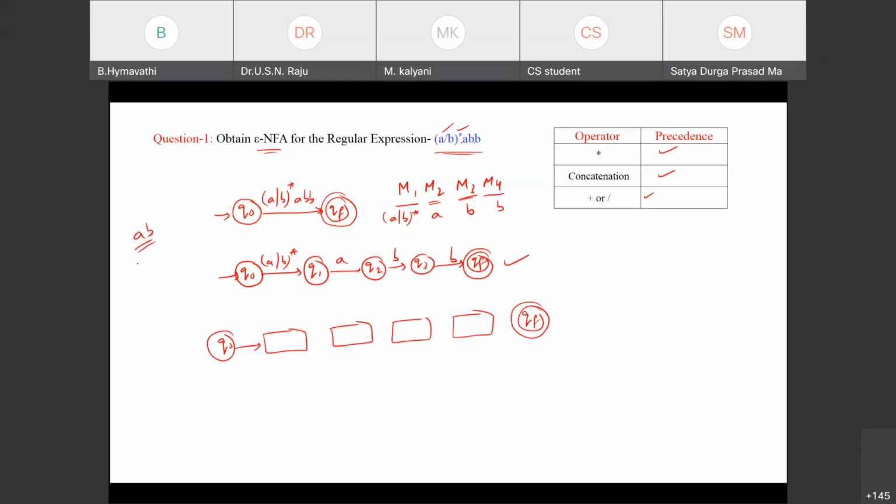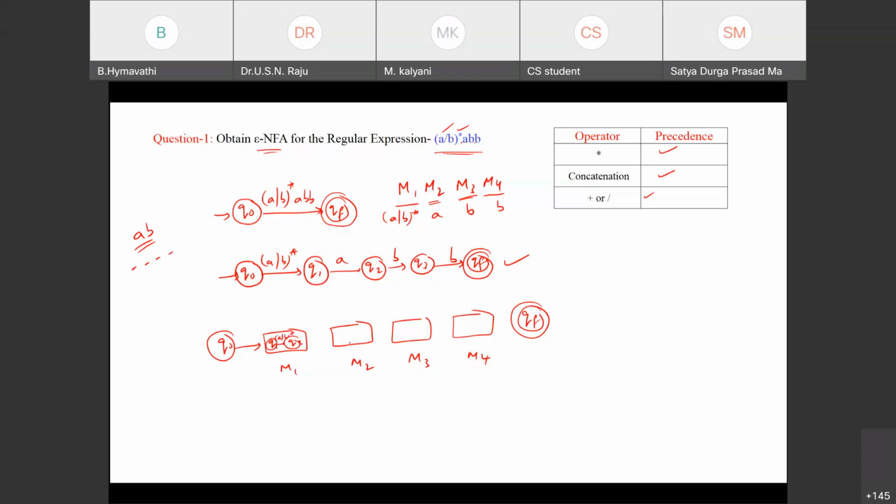Now, instead of ABB, you do it four times: M1, M2, M3, M4. What is M1? A or B whole star, say from Q1 to Q2.